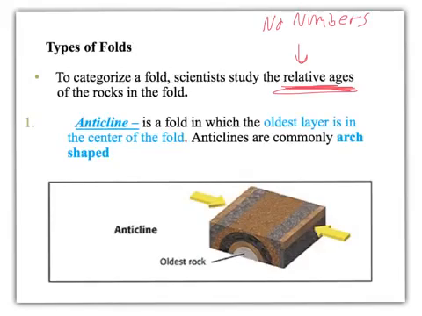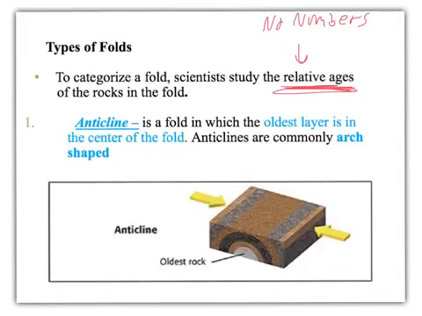It's like if we looked at the high school, the seniors are older than the sophomores, and the sophomores are older than you guys. Those are relative ages. We don't know the exact number of days. We're not even going into the exact number of years. We just know that seniors are older than sophomores, sophomores are older than freshmen, freshmen are older than 7th graders, and so on.